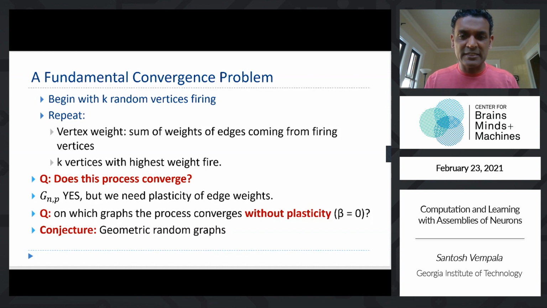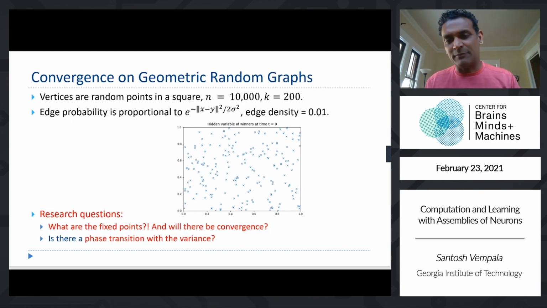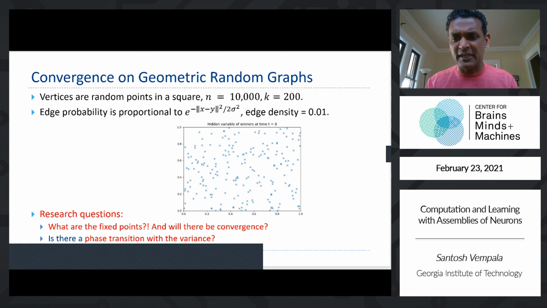So a natural choice here is geometric random graphs, where you have sort of hidden variables representing your position, and the probability of an edge depends on the hidden variables. So here, for example, this is a Gaussian graph where the probability of an edge is proportional to the Gaussian function e to the minus distance squared.